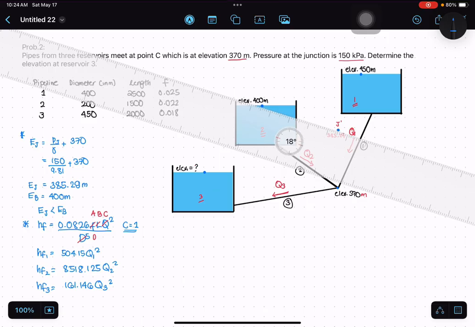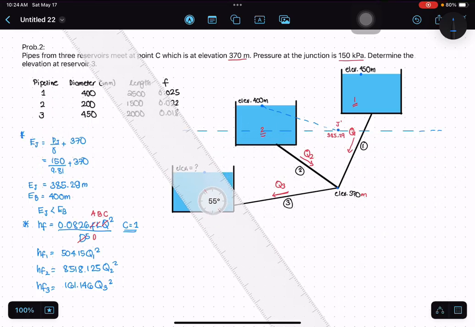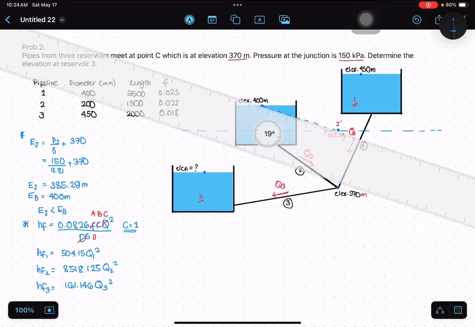Now, i-connect natin bawat points. Ang reference natin is the junction. So, you have yan. Okay? So, diba this represents the total energy. Kung etong line na to, it actually represents the EGL ng Reservoir 2 to the junction.